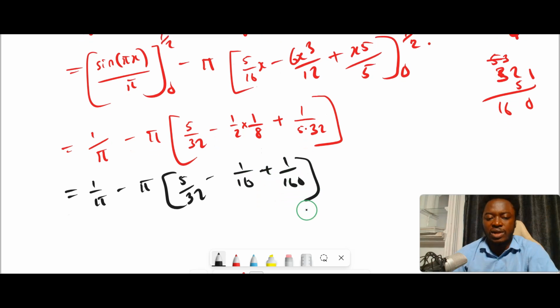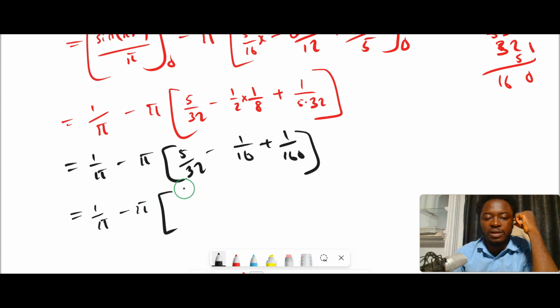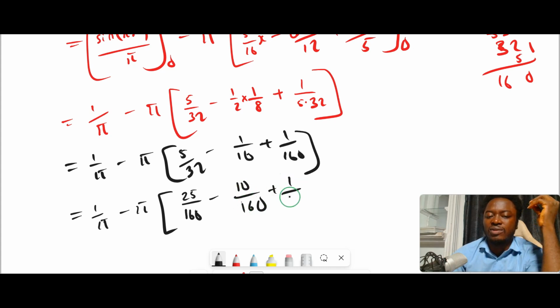Actually, we need to do this by hand because you don't have a calculator in the exam. So what are you going to do? Here we're going to multiply by 5, so you have 25 over 160 minus 10 over 160, and then plus 1 over 160.